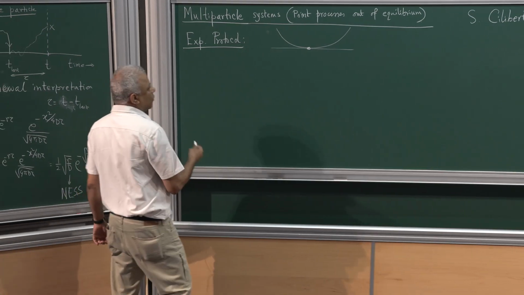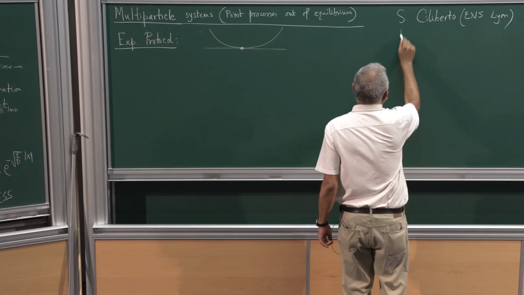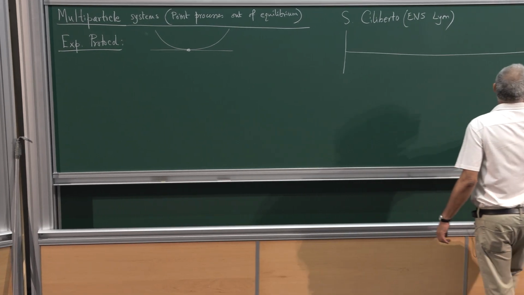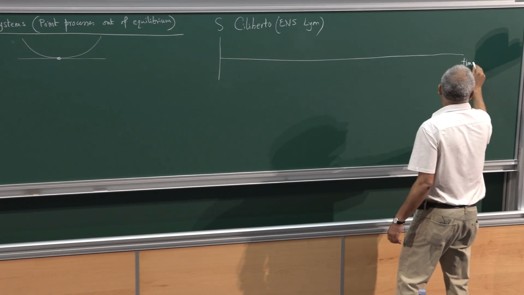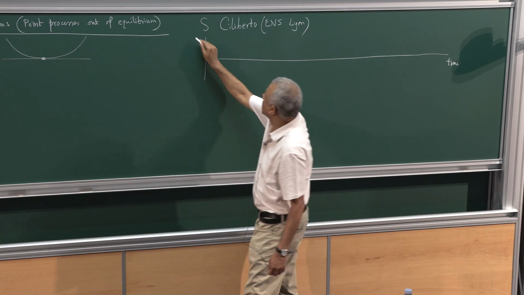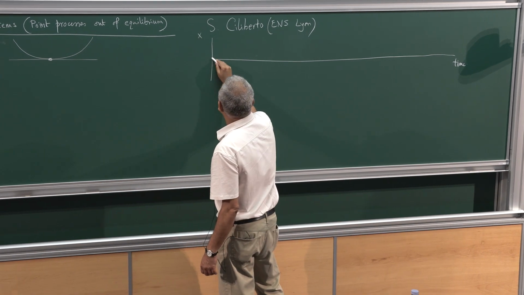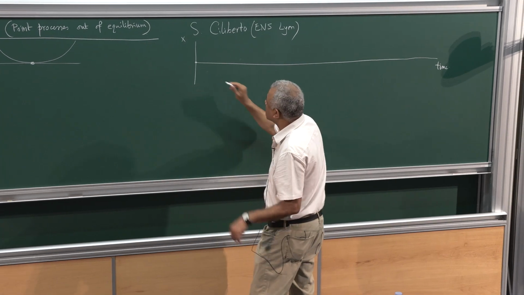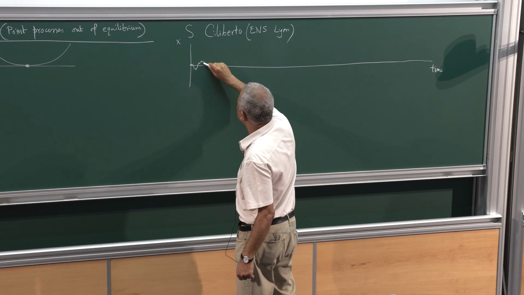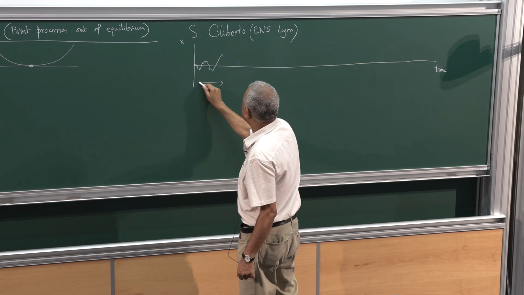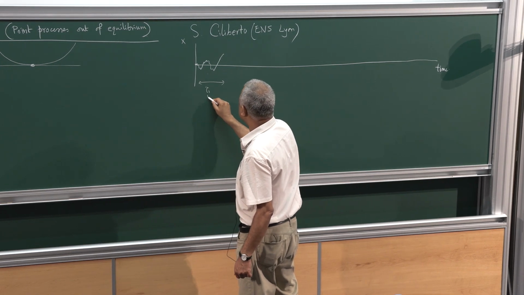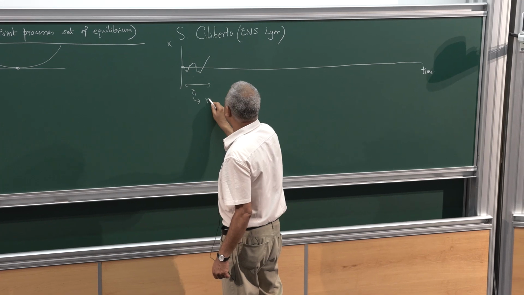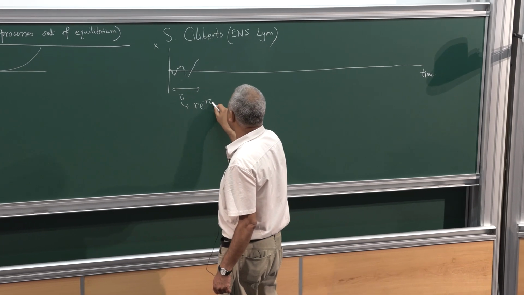So his protocol is the following, and let me draw a picture here. He said, okay, this is space, time. So you start from the origin of the optical trap. You switch off the trap first. You let the single particle diffuse exactly up to a random exponential time, which is drawn from, let's say, r e to the power minus r tau 1.